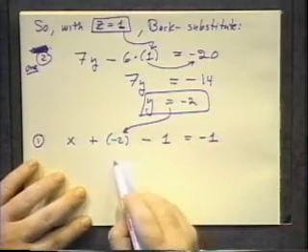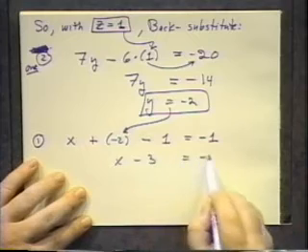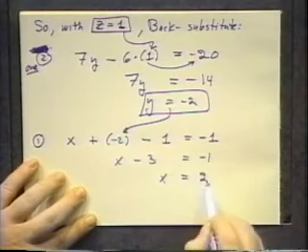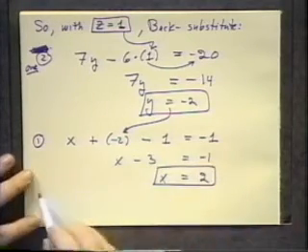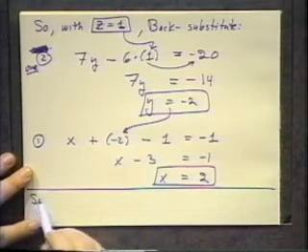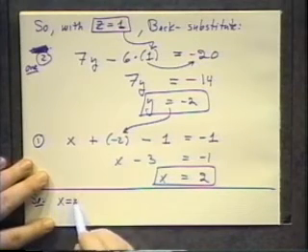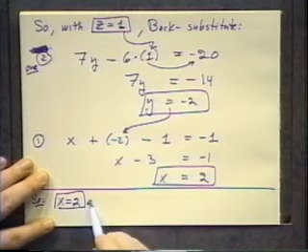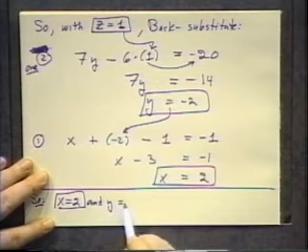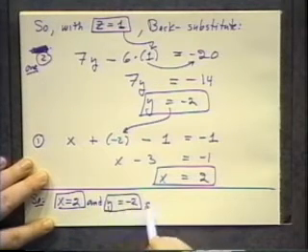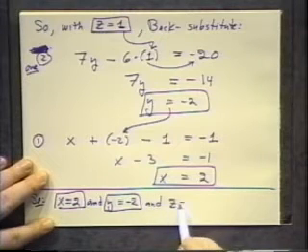So I have here x minus 3 equals minus 1, so x is equal to 2. Finally, I have all of them, so I can write them down in one place. x equals 2, and y equals minus 2, and z equals 1.